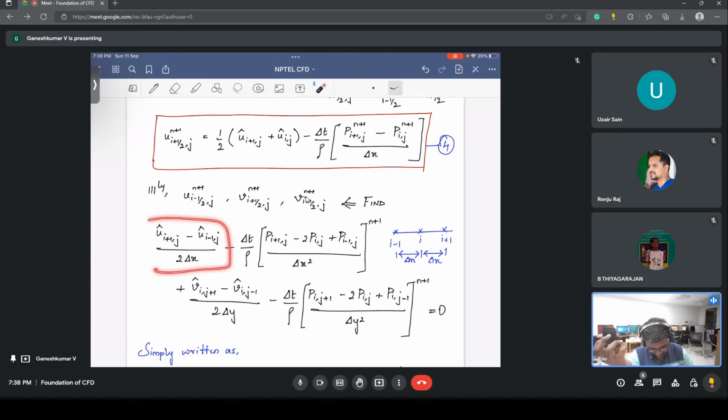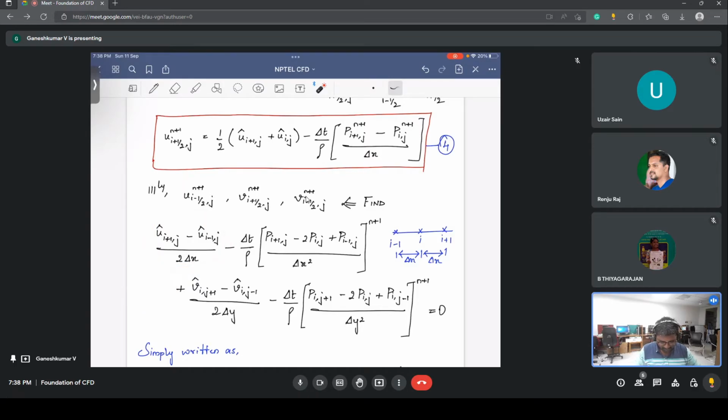So this term, can you write it like delta times u by delta x, right? This term you can write it like this, because dou u cap by dou x, if you do central differencing, you are going to end up with this approximation, right?